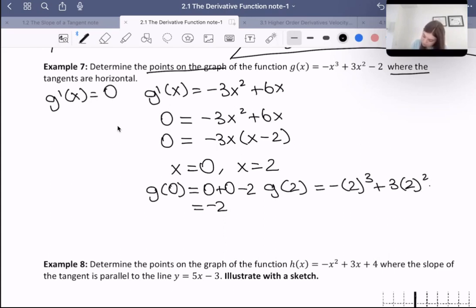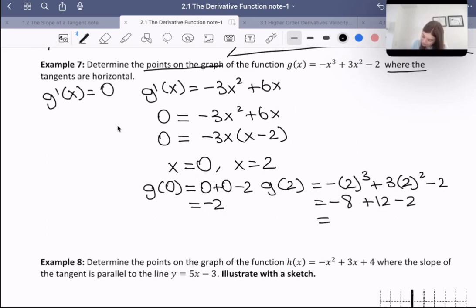Negative 3 times 2 squared minus 2. So that's going to be negative 8 plus 12 minus 2, which is going to be, let's see, 2. Let's see, we have 0, negative 2, 0, 2.